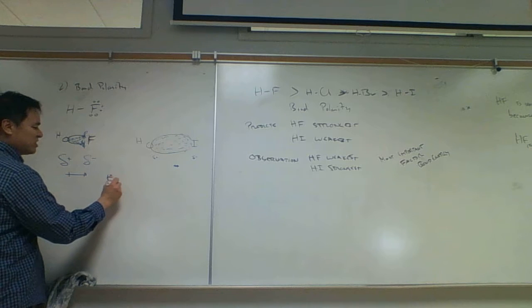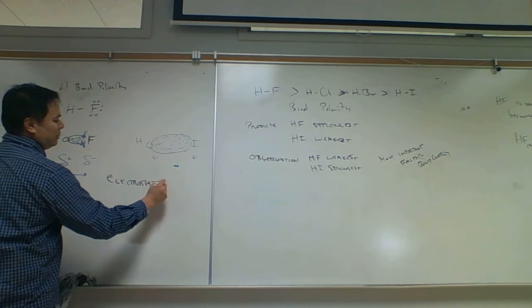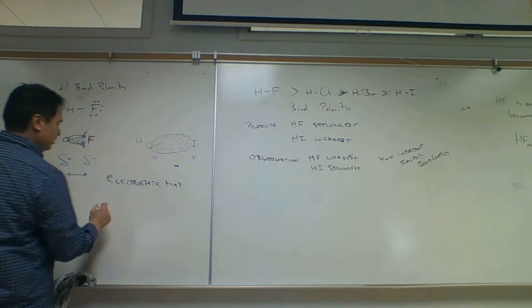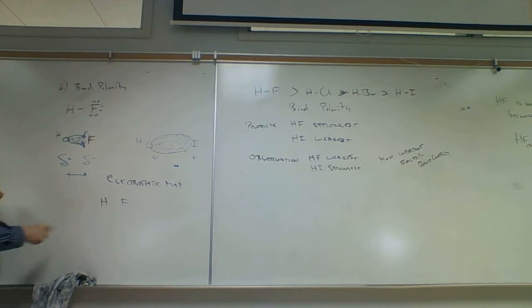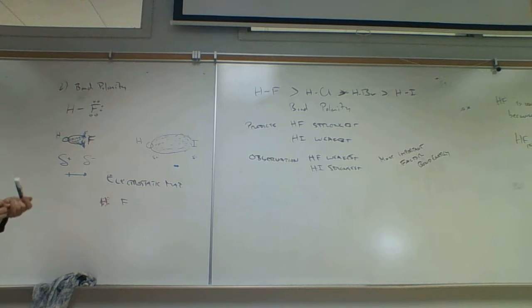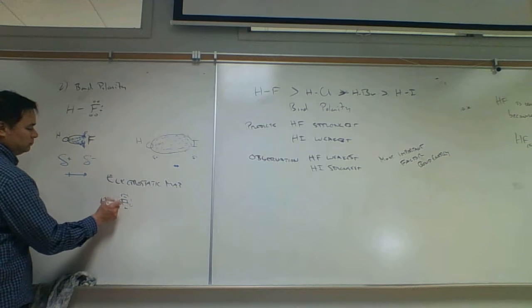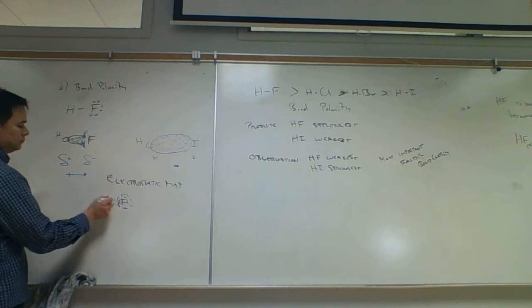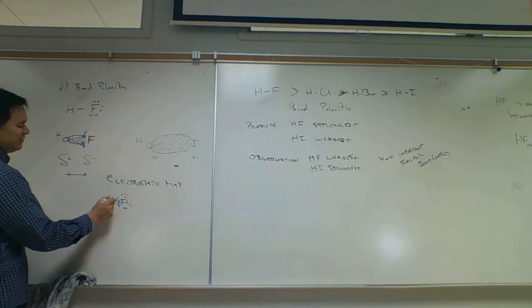This would be an electrostatic map. For HF, that looks like this. The hydrogen is going to be red. The fluorine will be blue. And somewhere in between, we'll see some green. It's more neutral.